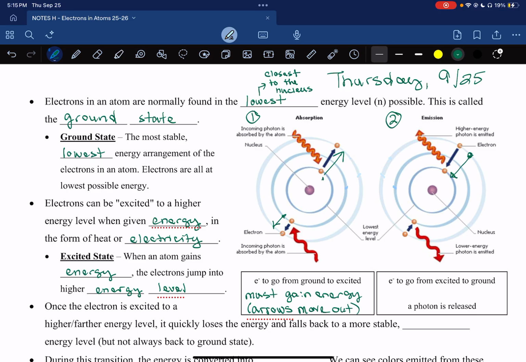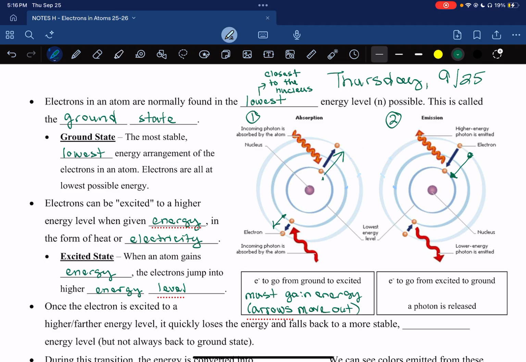Yesterday we learned that the amount of energy emitted or released from this transition is proportional to the number of energy levels the electron, quote unquote, fell from. It's not really falling exactly, but it kind of looks that way here.